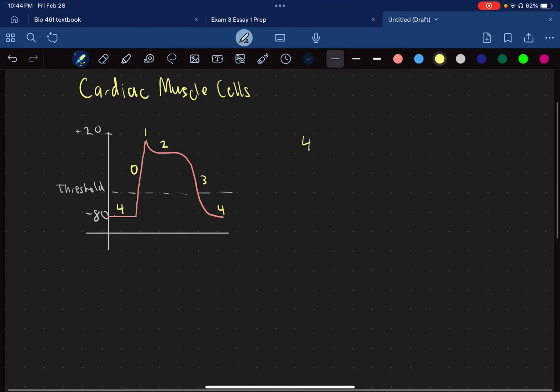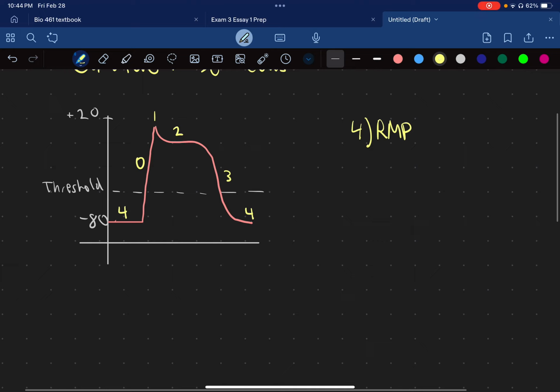So the fourth phase is RMP. Like I just said, it's going to be a lot more negative than normal just because of high membrane permeability to potassium. There's going to be these potassium channels that are open during RMP, and they have a current called IK1.